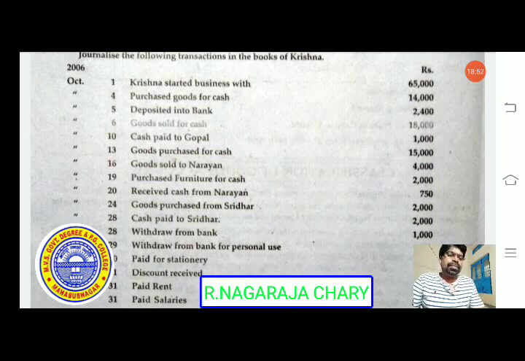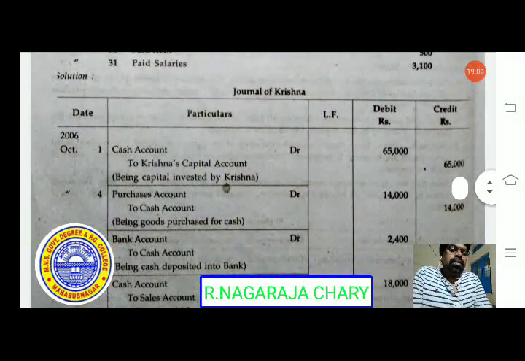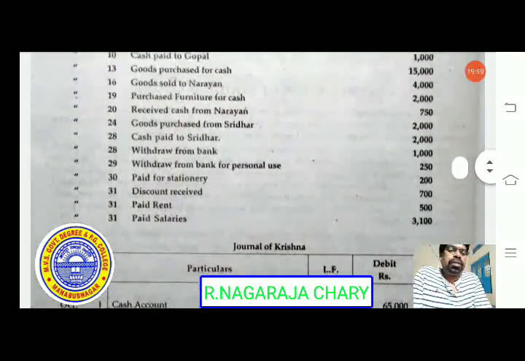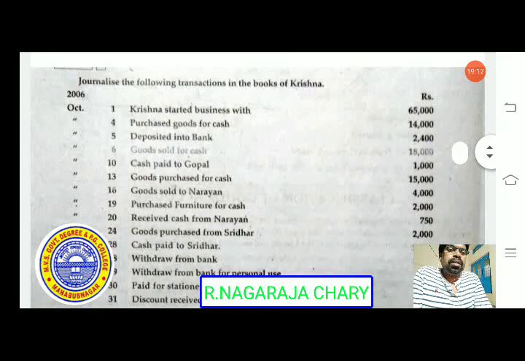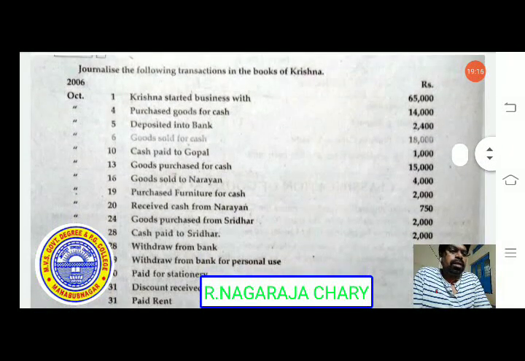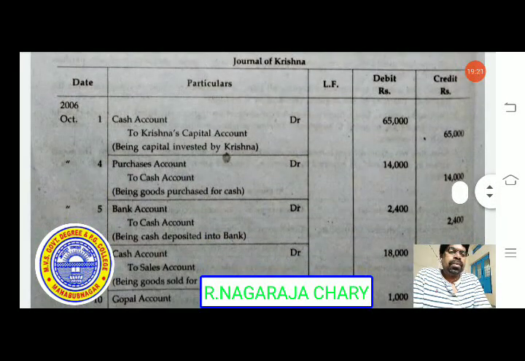In the first column the date, in the second column particulars, third column ledger folio, fourth column debit rupees, and last column credit rupees. Here the person name is Krishna. Krishna started business with 65,000 rupees. For that, let us see the journal entry one by one.